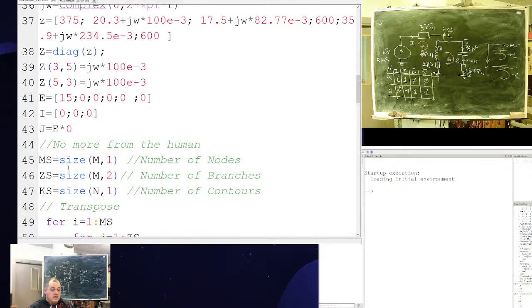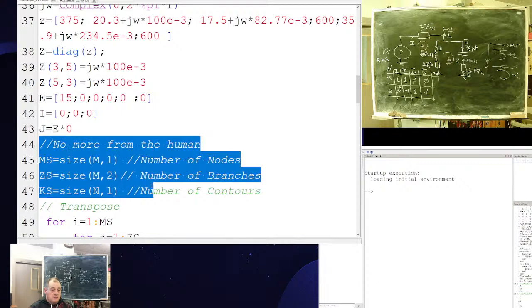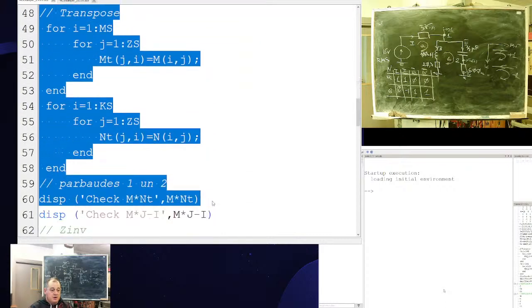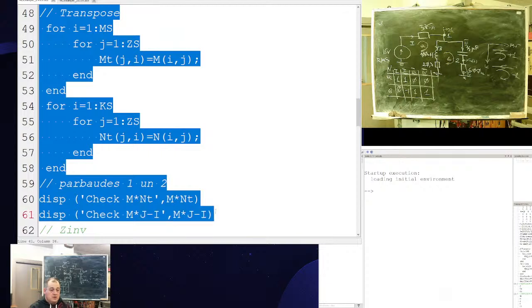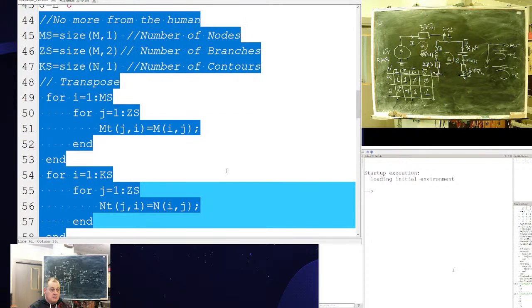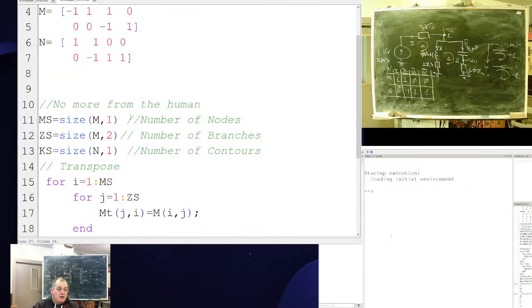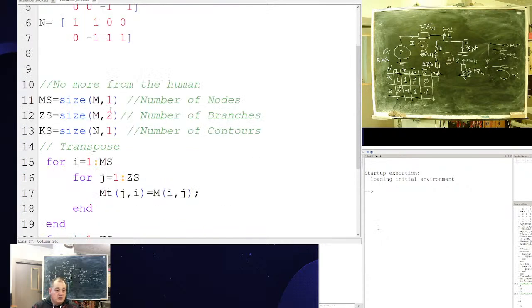I will take this part and this part. I can reuse my work.